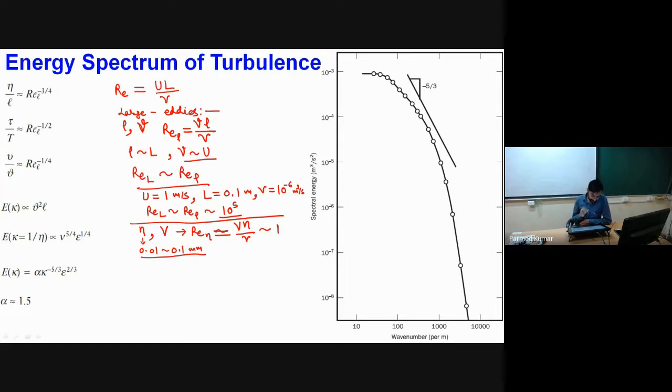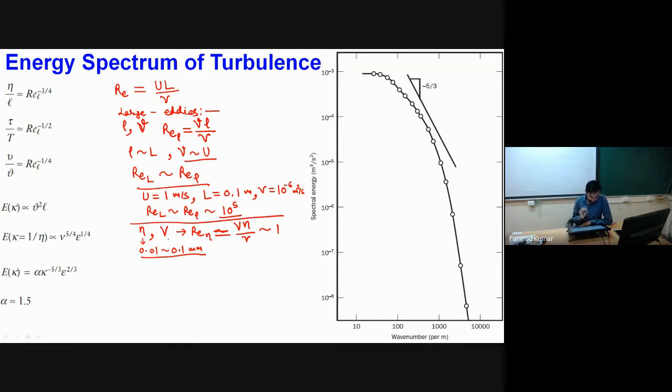Now, the first point to consider is that in the case of larger eddies, inertia effects are dominant. So these larger eddies receive energy from our mean flow, whereas smaller eddies cannot receive energy directly from the mean flow, so they exchange energy with the larger eddies when they come under the influence of the larger eddies.